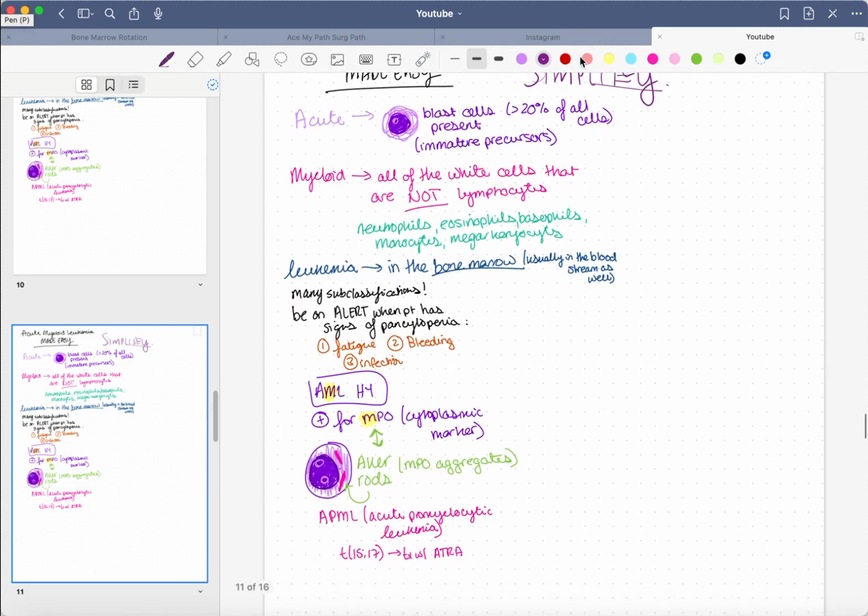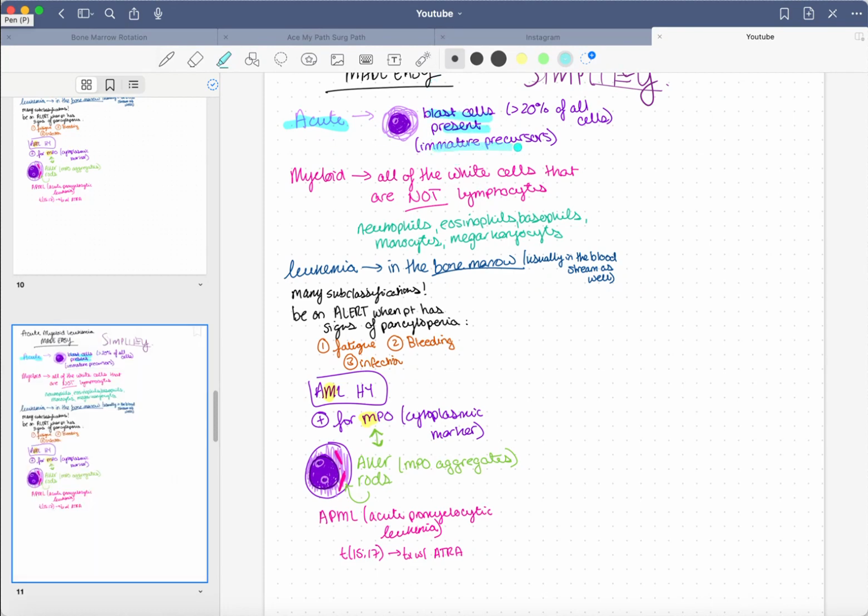So the first thing that is important to understand is that when you see the word acute, that is not associated with the time frame of the disease, but rather with the types of cells that are going to be seen with this disease process. Acute means you're going to be seeing very immature cells in terms of hematopoiesis, and these cells are called blast cells.